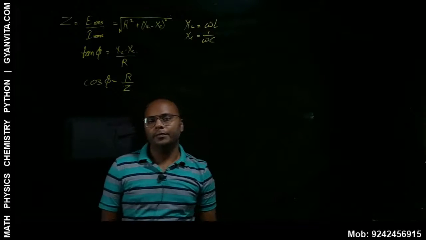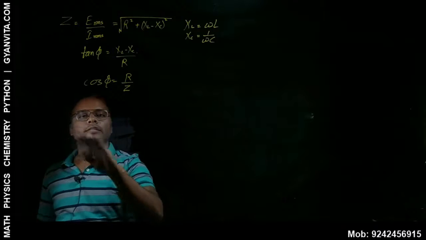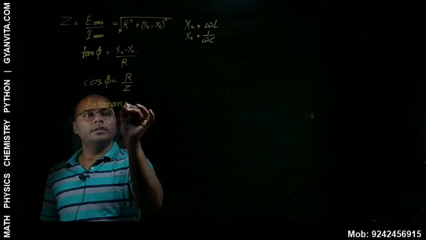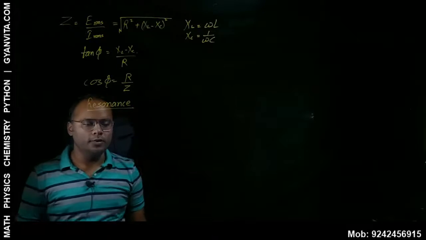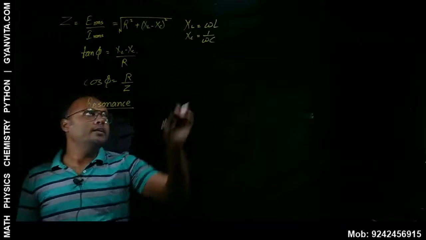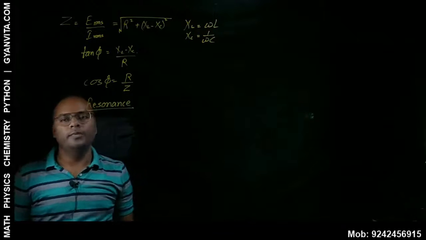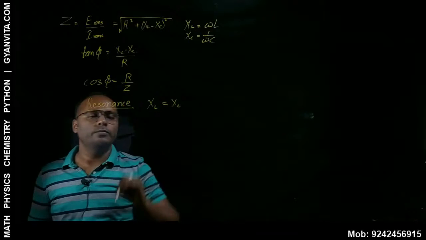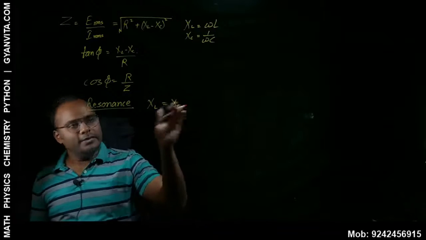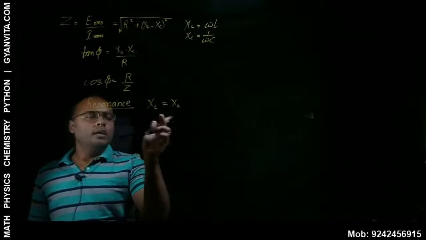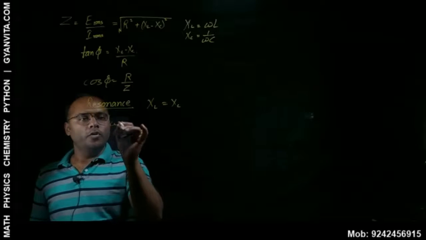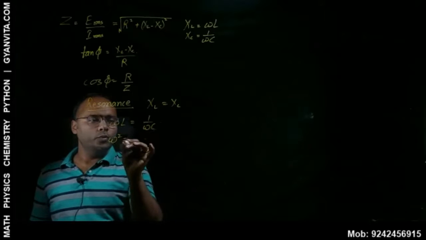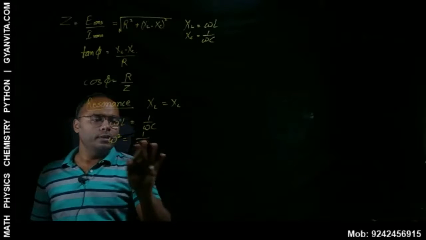Then the situation of resonance. For resonance, the requirement is that XL should be equal to XC. That is the basic definition. When that is the case, omega L is equal to 1 by omega C, or omega square is equal to 1 by LC.